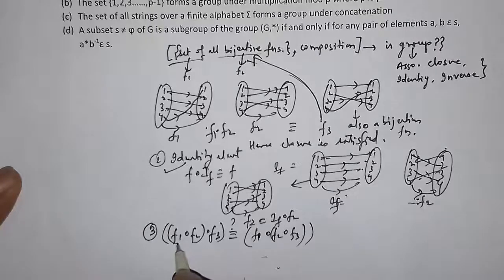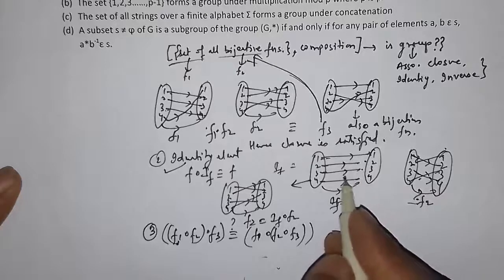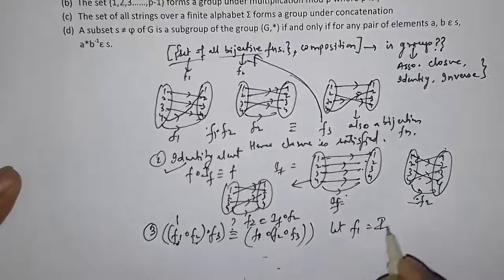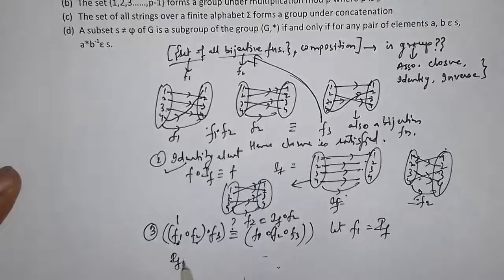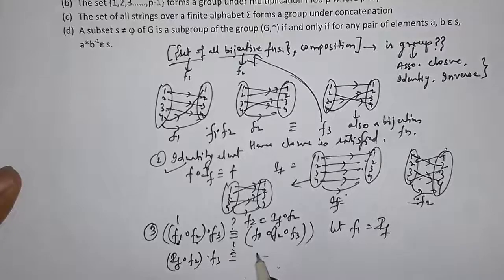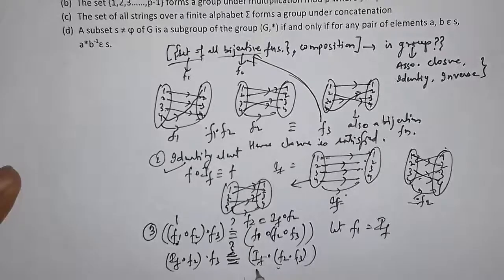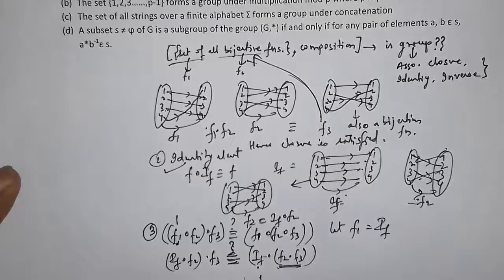Suppose f1 is our identity function, let f1 be equal to I_f. Then I_f composed f2 composed f3 versus I_f composed f2 composed f3, is it equivalent? We have to decide this. Again, I_f composed with any function is the function itself.